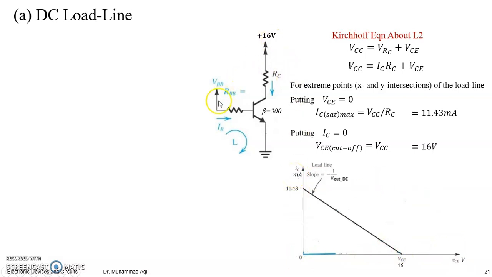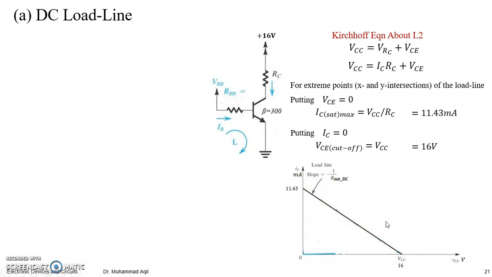Although we have only DC values, so it's okay for the time being, no AC, so total is DC only. So the y-intercept is 11.43 milliampere, because this whole axis is in milliampere, and VCE currently has only the DC value of the cutoff point at 16. So these are your two points, you can join them and you get the load line.